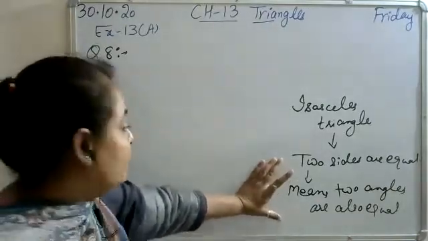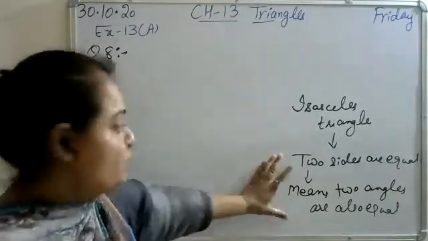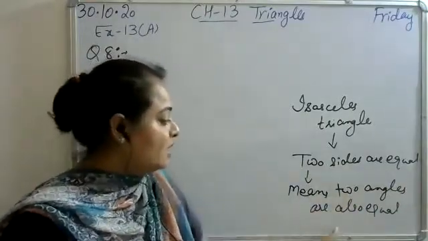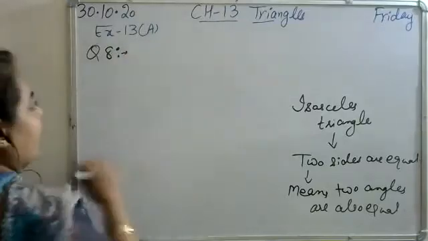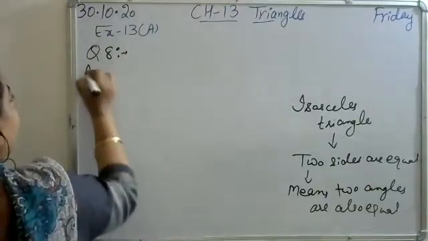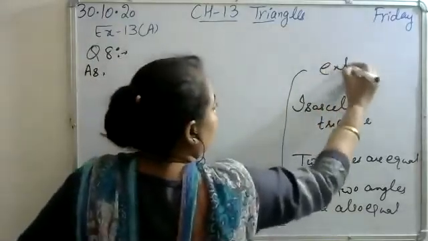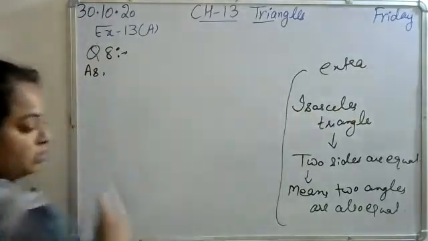No need to write this during the question. Write down for your knowledge. Two sides are equal means two angles are also equal. So, as this is extra for your knowledge, don't write this in question. Okay.